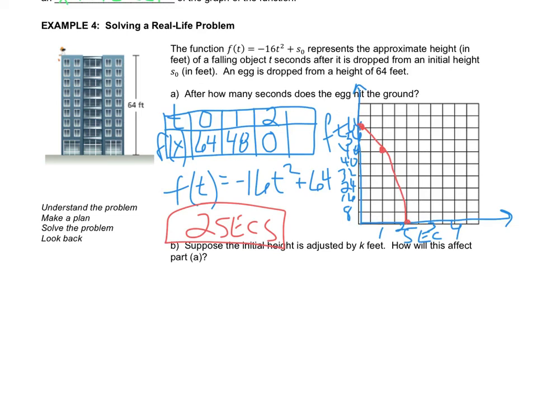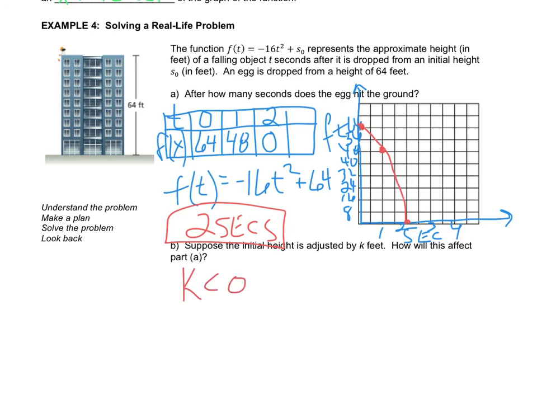Last one. So here we are looking at, suppose that our initial height is being adjusted by k feet. How will this affect my answer? Well, we said where it is right now, at 64 feet, it is going to take 2 seconds. So a couple of things. What's going to happen if the k is less than 0?